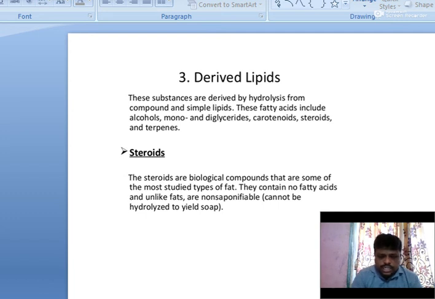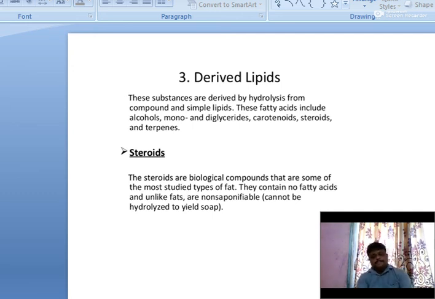This diosgenin is mainly used in manufacturing anti-fertility pills, that is the birth control pills. So this particular steroid produced by this Dioscorea plant is a most important plant hormone which acts as an anti-fertility hormone.